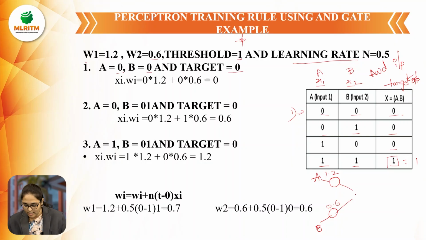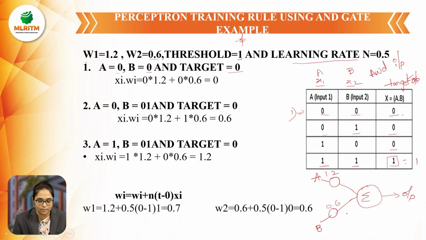For this, we calculate the summation function and then generate the output. The first input value is 0 and the second input value is 0. The output should be 0.